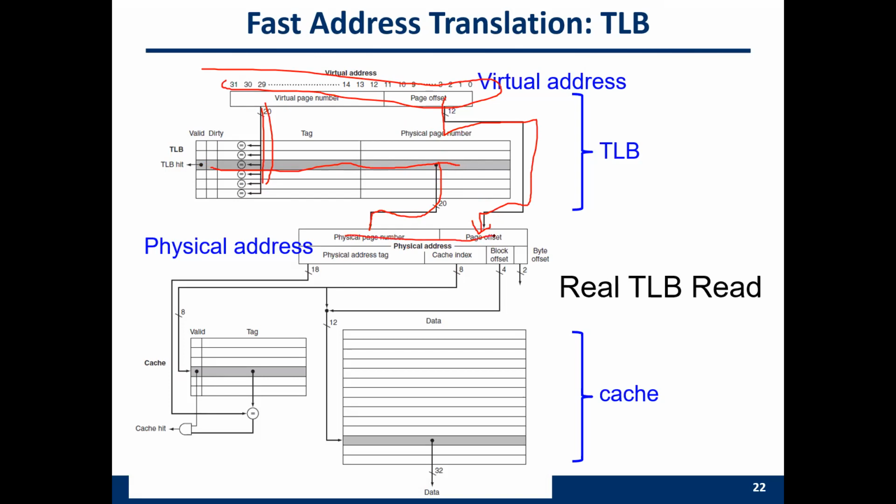Once we have the physical address, we can use it to look up the cache. Why? Because each memory entry has a different physical address, because different data is actually stored in different physical addresses. And the cache is actually indexed by the physical address.